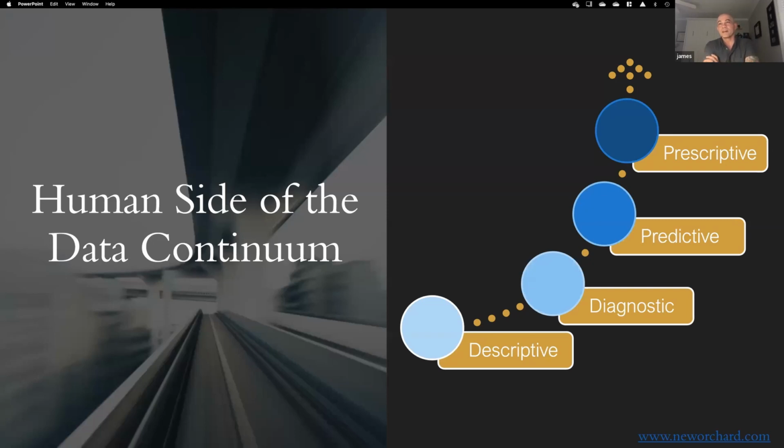You really can't understand. You can do some descriptive analytics. Hey, this is what's happened in the past. Here are the trends, the revenue. But diagnosing what's happened and what's caused that is heavily influenced by the people in the organization. If you want to predict what is going to happen, there's also a deep people aspect of it. And the prescriptive side, how do we influence the business in order to shape the future?